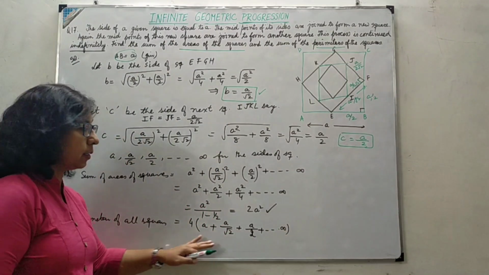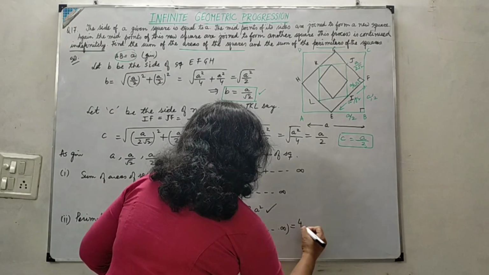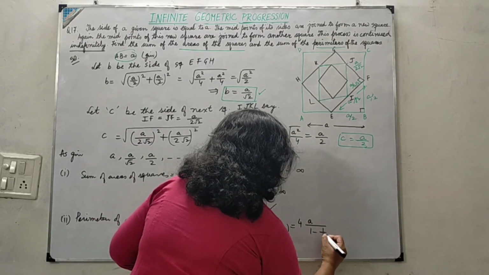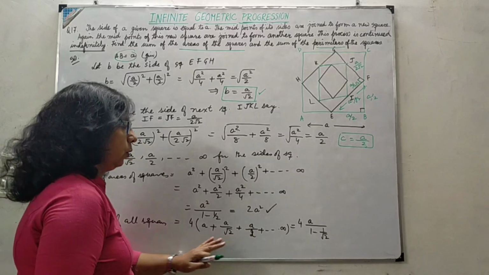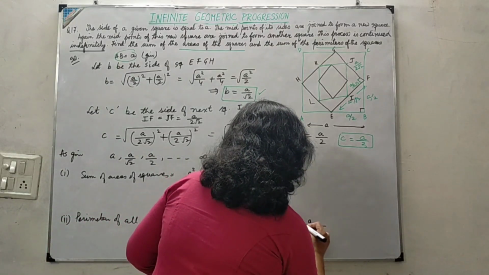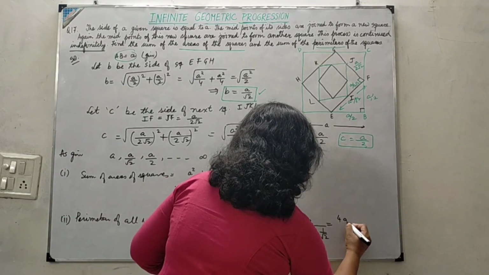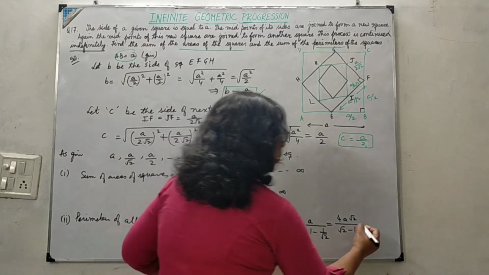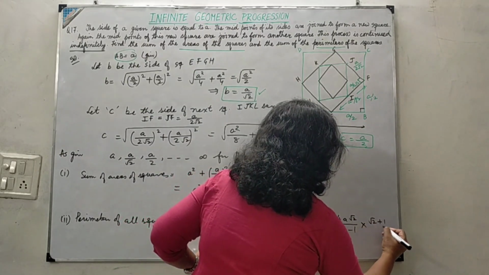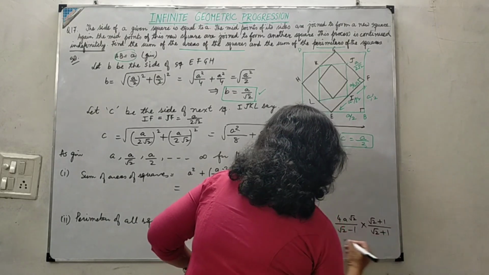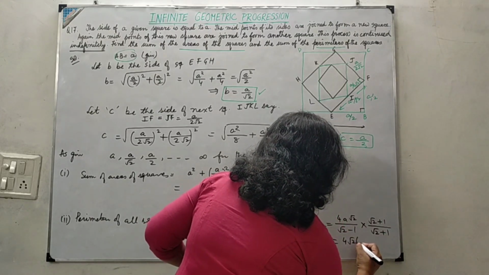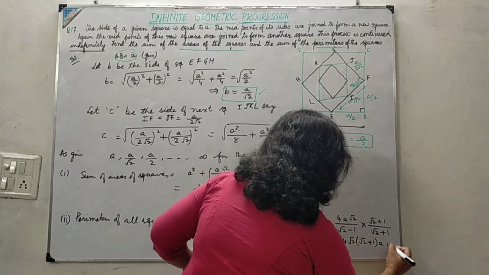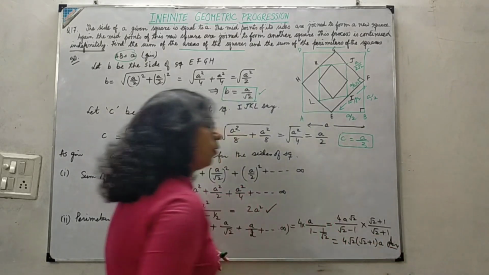Again you can see this is an infinite GP with first term A and common ratio 1 by root 2. So we have here, after simplifying, root 2 into root 2 minus 1, which further simplifies to 4 root 2 into root 2 plus 1 times A, as the denominator is 1. So this is the answer for perimeters.